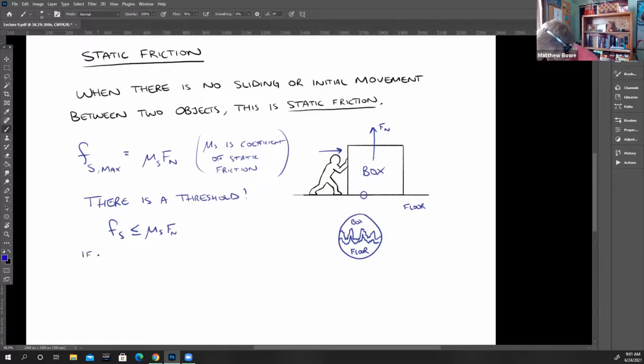I'll say if you exert a force larger than the force of static friction, then the object will begin to slide. All right.